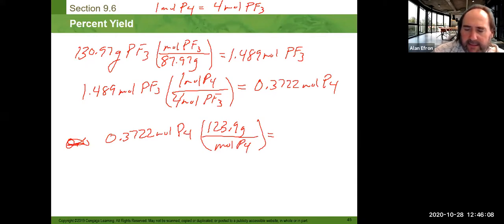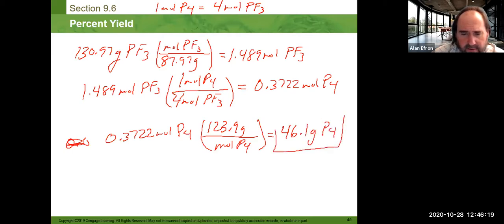That tells us that in this reaction, we need about 46.1 grams of P4. What that number means is that if we throw in 46.1 grams of P4, this reaction will probably only go about 64% of the way there, and that will produce 8.5 grams instead of the 13 some odd grams.